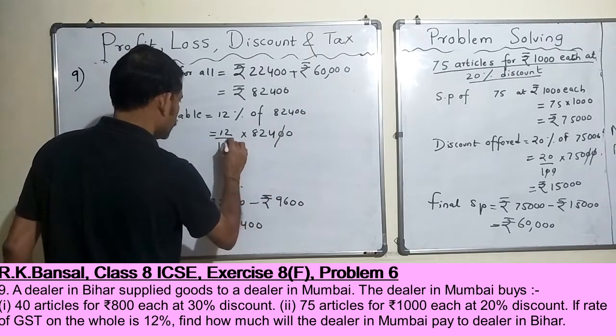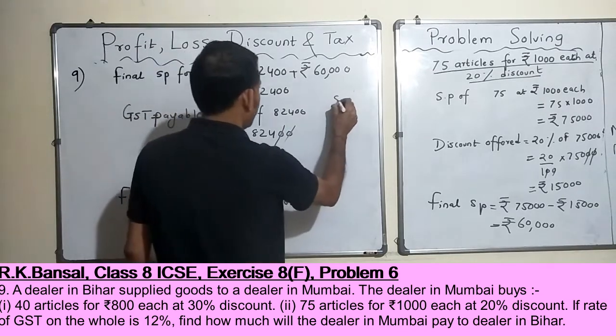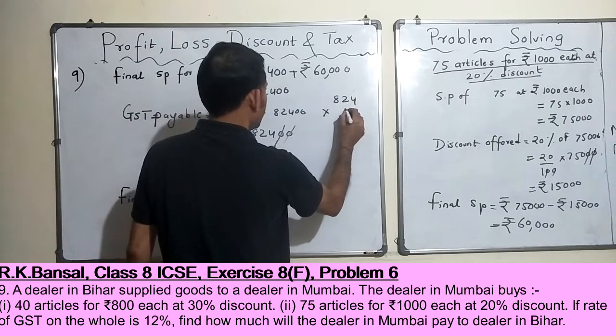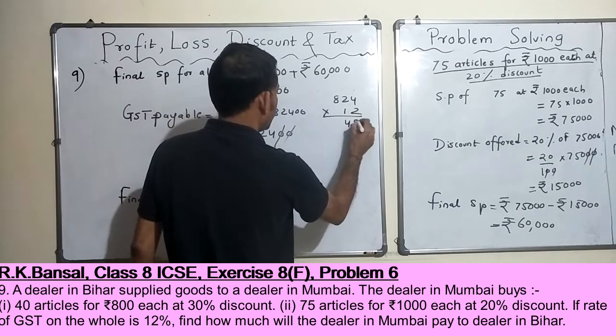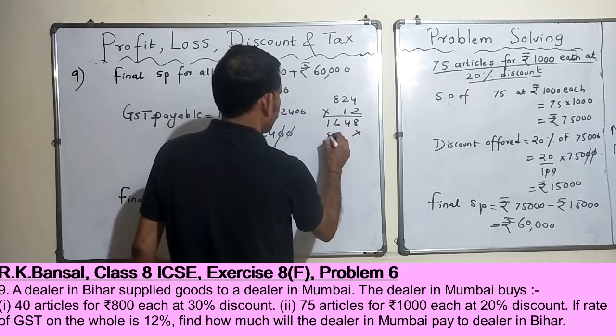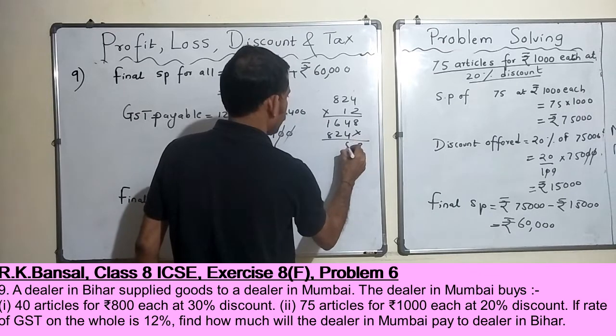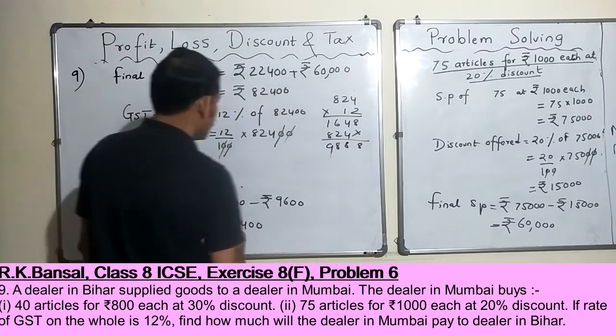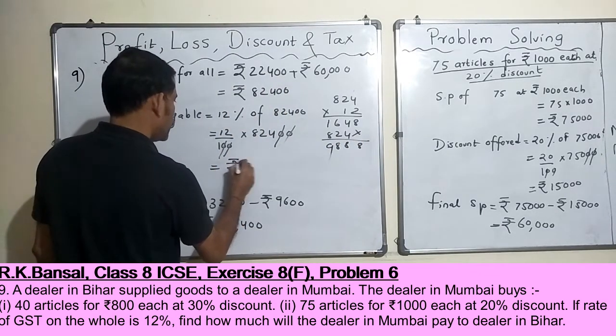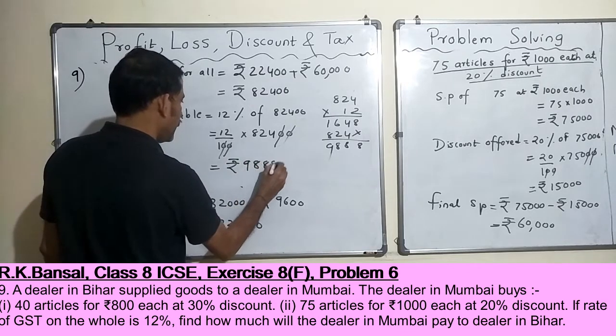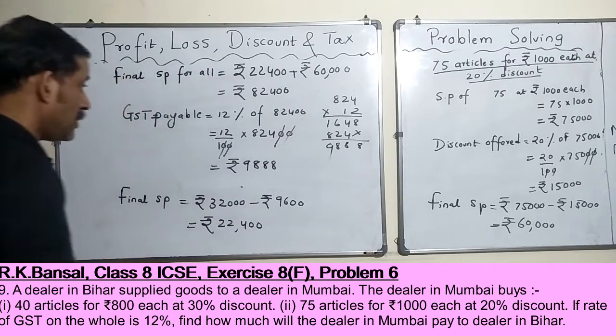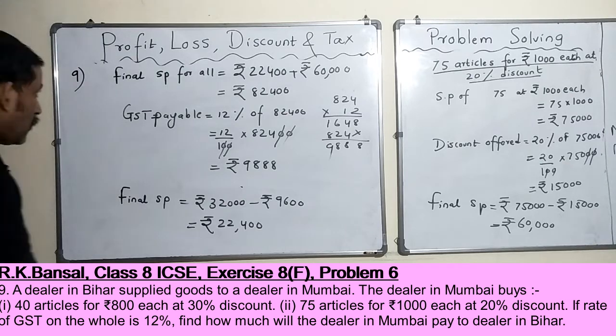This gone, this gone, this gone, this gone. So 824 into 12, right? Please calculate. Is that correct? Rupees 9,888.